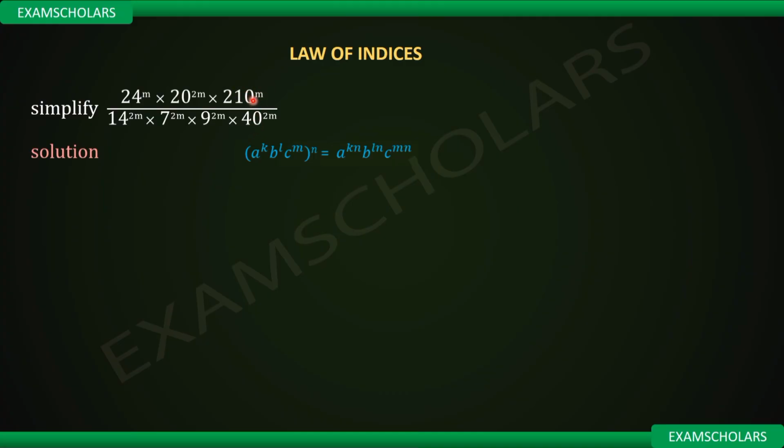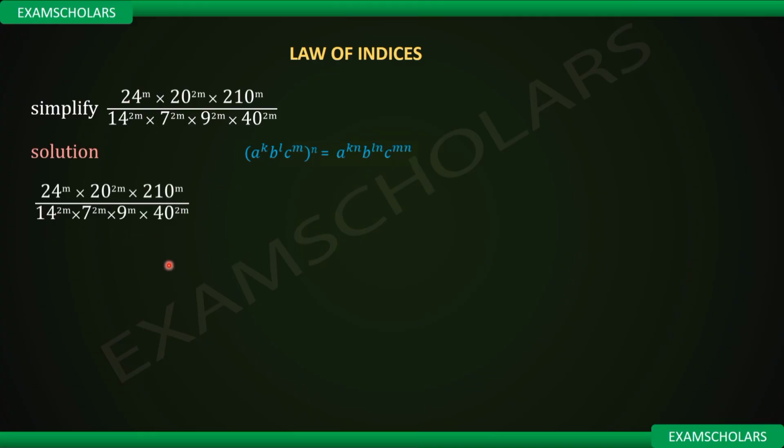And if you look at 210, 210 is also 21 times 10. 21 is 3 times 7. Okay, let's come to 20. 20 is also 4 times 5. And that 4 is 2 raised to power something. 24 is 6 times 4. This same 24 is 8 times 3.